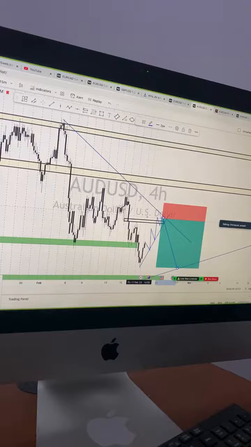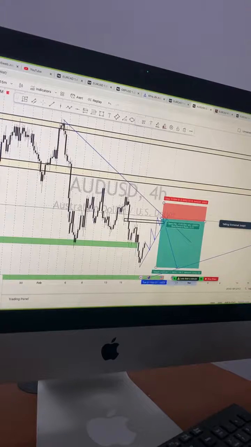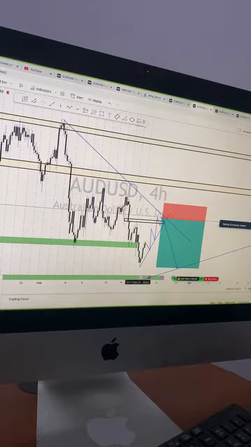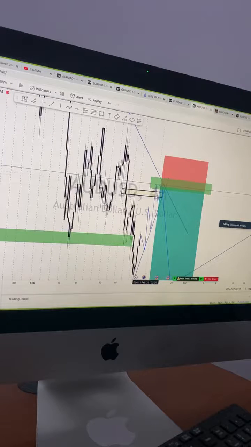Do you understand? So if you put this psychological level, you can put it at 500. So you have a psych level there at 500 that you are using. So it's a simple move.